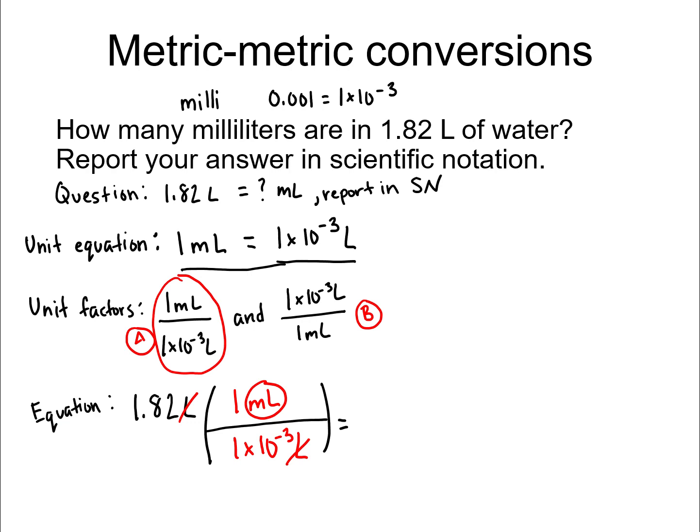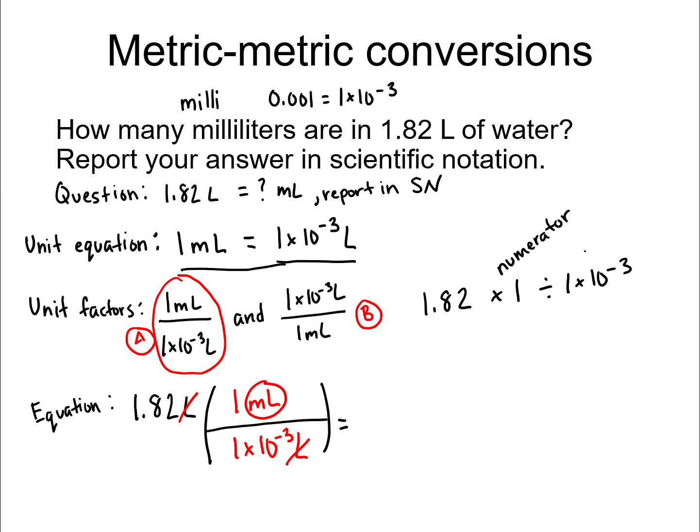Okay. So now you need to put this into your calculator. You've got 1.82 times 1 divided by 1 times 10 to the minus 3. So when a number is in the numerator, you're multiplying.